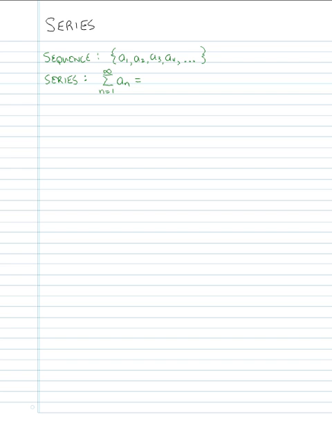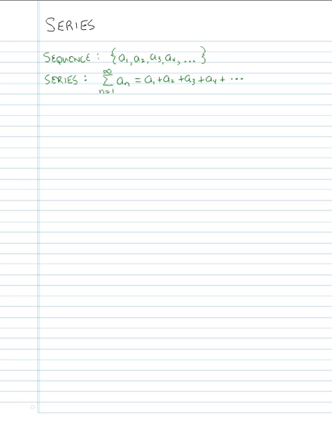That means we're taking that sequence above, taking the first entry, and then adding the second entry, and then adding the third entry, and then adding the fourth entry, and we keep this addition up infinitely. So a sequence is a list, a series is a sum of a list, a summation of a list.